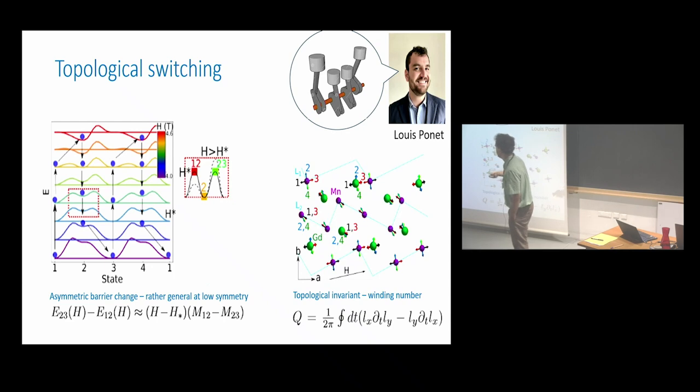At the lowest field, there are two minima corresponding to states 1 and 3. Let's stay in this state. As the magnetic field is increased, the barrier on the right disappears, and the state moves to state 4. Then the field is reduced. Now, when the field is reduced, I go to this state where the barrier on the right again disappears, and I move into state 1, and so on along the loop.